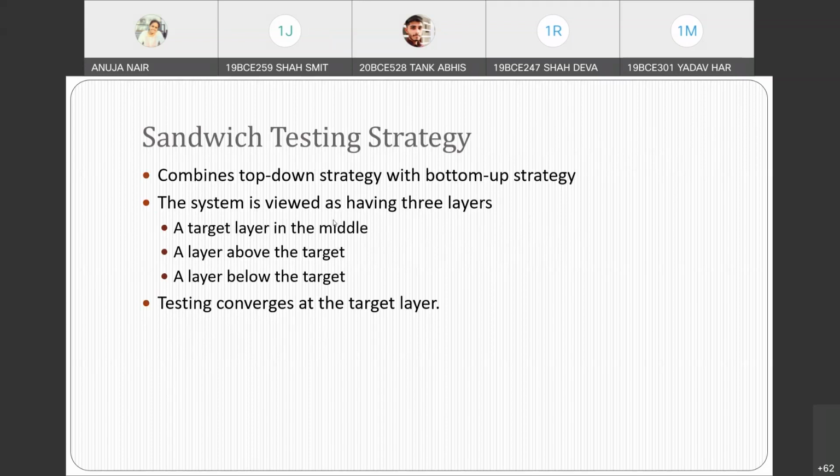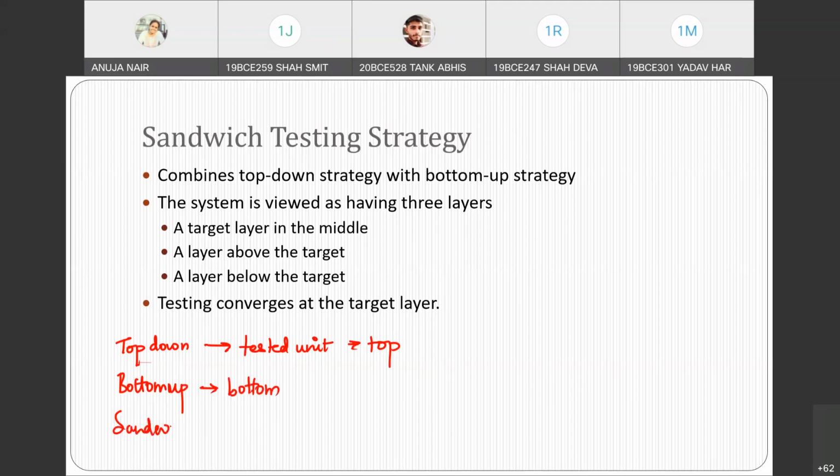So the target layer is in the middle. What happened in top down? In top down, what is your target layer? Your target layer is the tested unit, the one you have to test. That is always at the top, right? In bottom up, whatever you have to test is at the bottom. And when you're talking about sandwich testing, the target layer, which is your tested unit, will be in the middle.